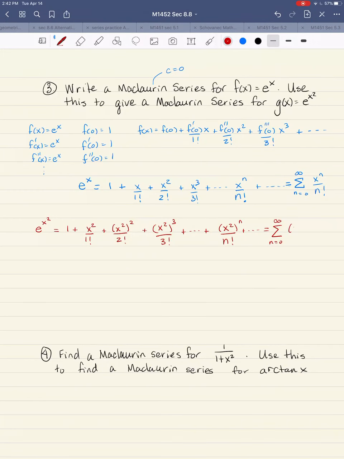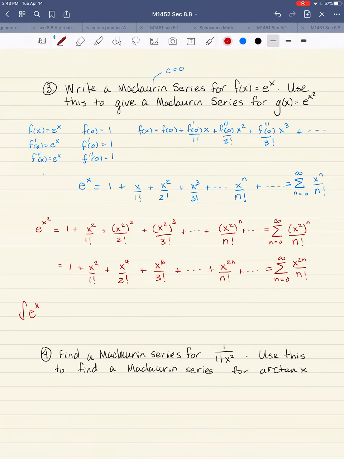Or in its summation notation, it would look like x squared to the n over n factorial. And I suppose we can go ahead and simplify this: x to the 2n over n factorial.